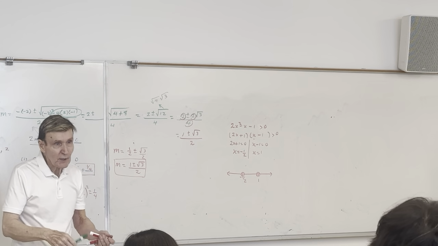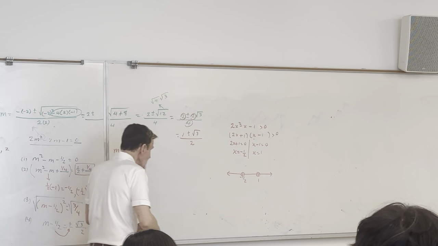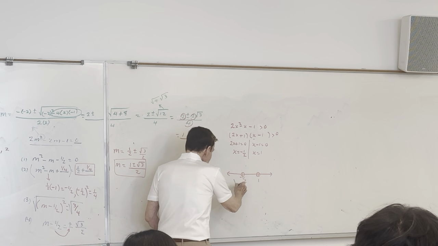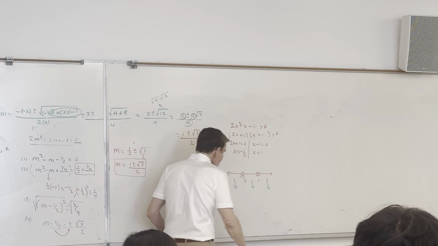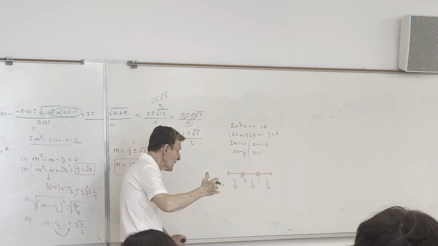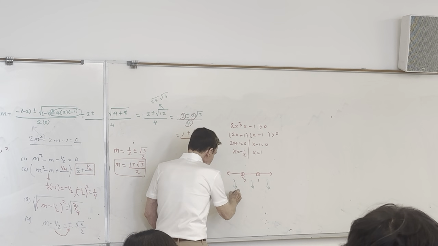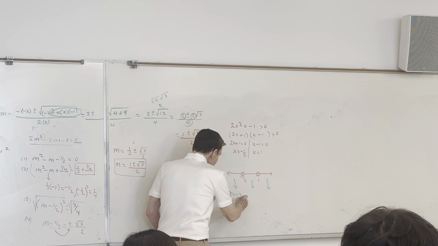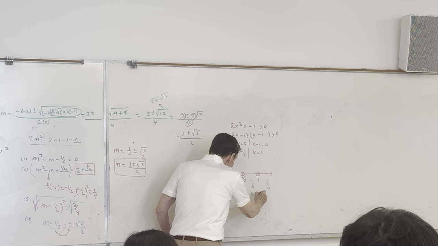Now I need to know where to shade in. This is where you start testing. You've got to show me all of this when I ask for sign analysis. So let's test out here, here, here. I don't care what number, but you've got to show me that you choose. Out to the left of -1/2 is an infinite number of numbers. Guys, we'll try -3. Between -1/2 and 1, let's try 0.